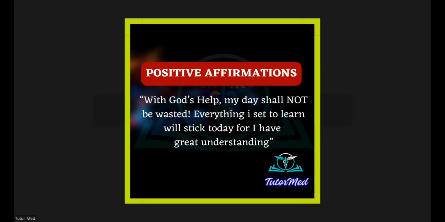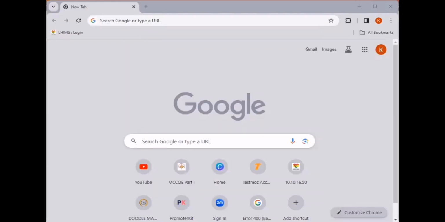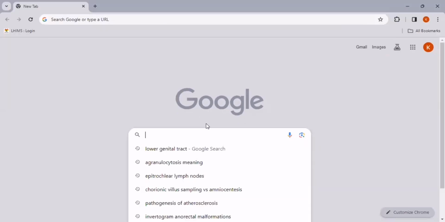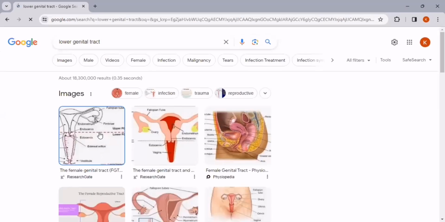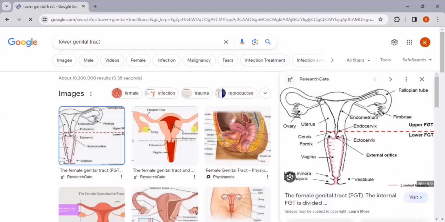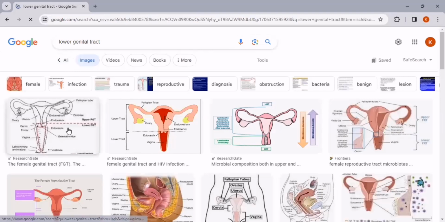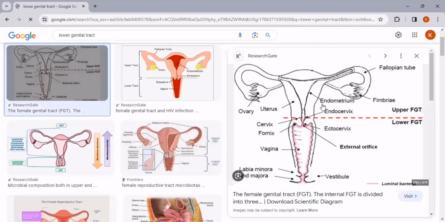Let's go to the internet and look at the genital tract of females and how they are divided. So let's begin with this picture.